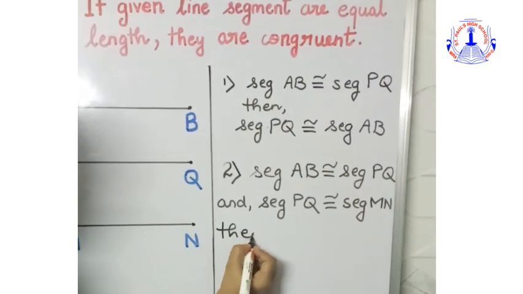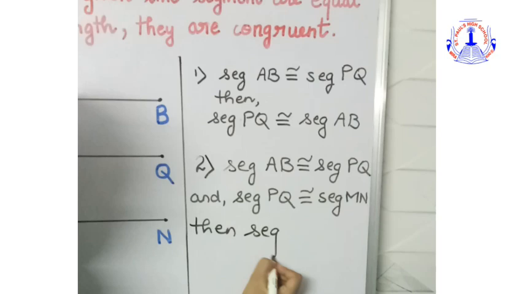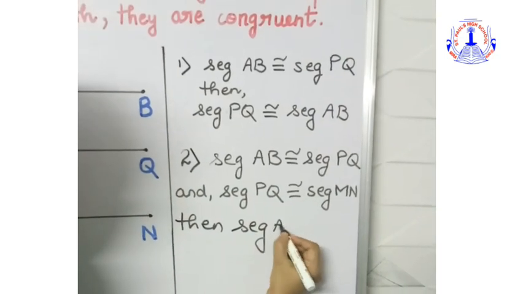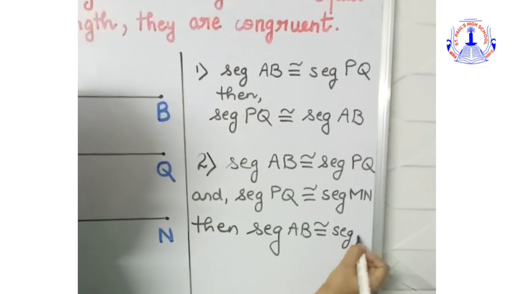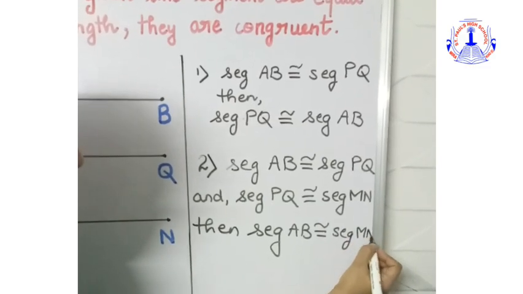Then segment AB is congruent to segment MN.